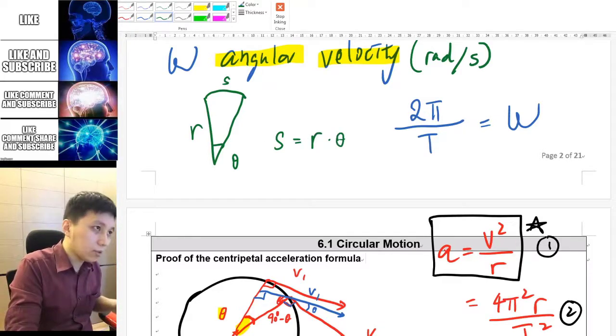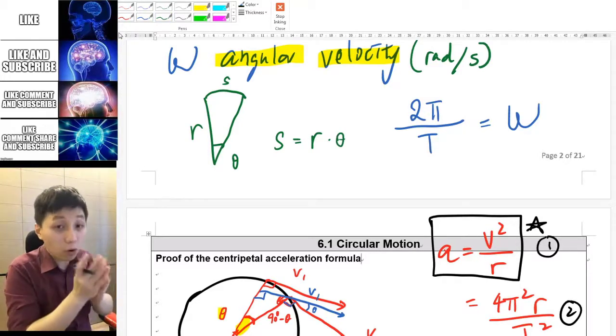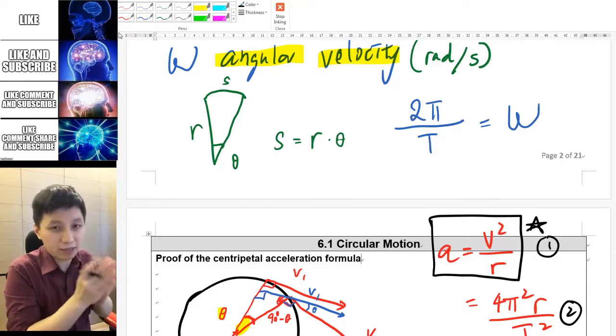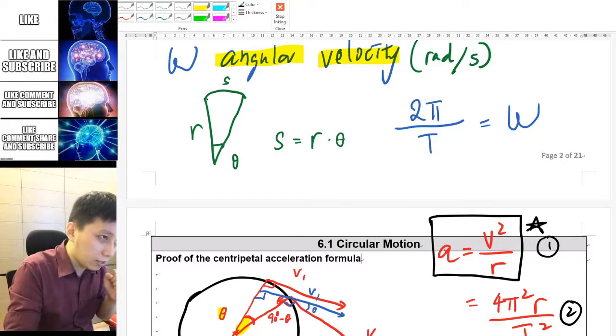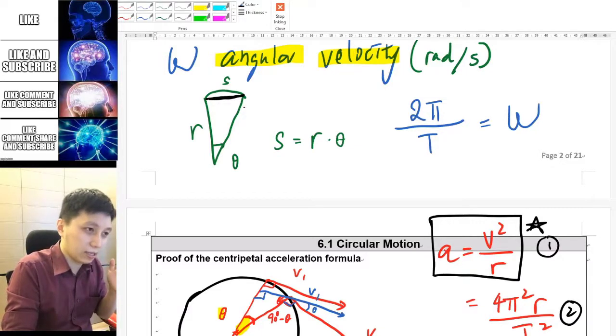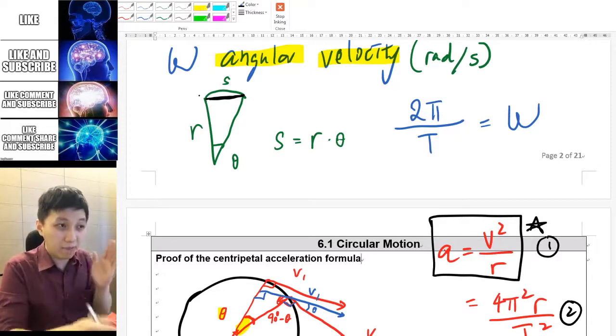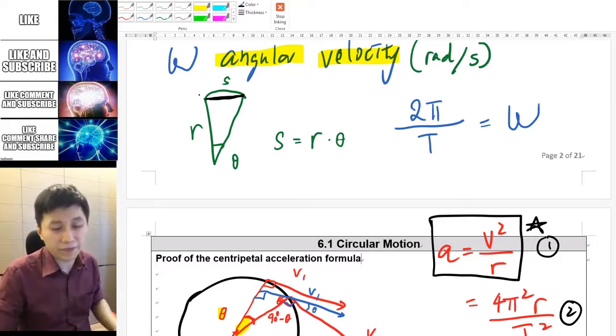For now, since our angle is very small, when the time is basically instant, infinitely small, you can imagine this s is the same as this distance. I mean, this was a circle segment and now this is a triangle, but since the angle is so small, basically they are the same thing.